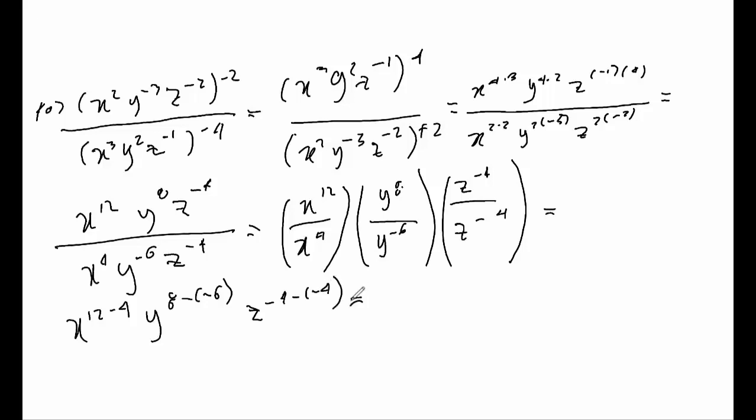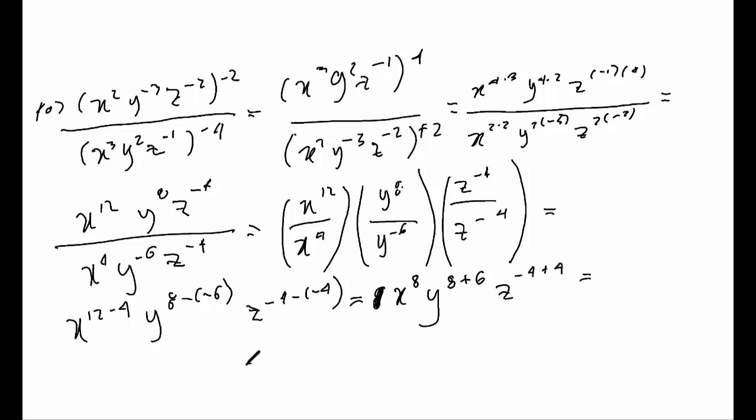So 12 minus 4 is 8, so x to the 8. And then I have y to the 8 plus 6. And then finally I have z to the negative 4 plus 4.